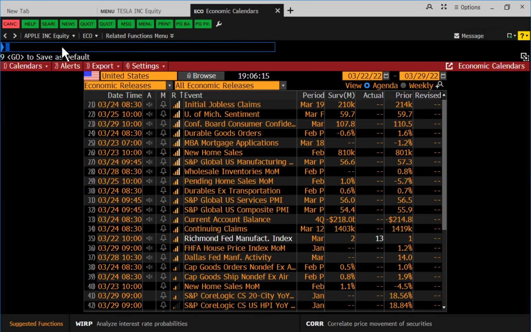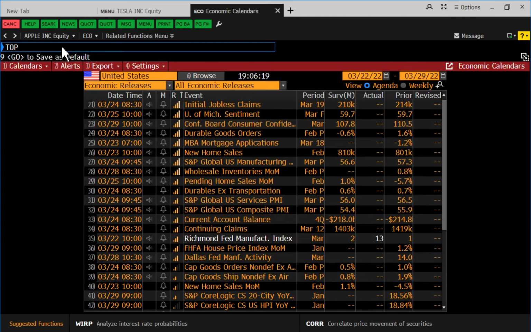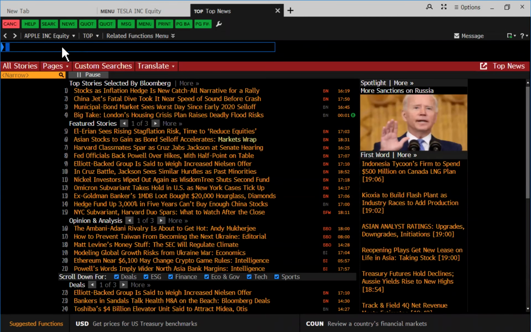Then another news relevance data is this top news. It's not necessarily related to one specific firm or some specific asset. It's the current ongoing stories and news that attract the most attention from the market.